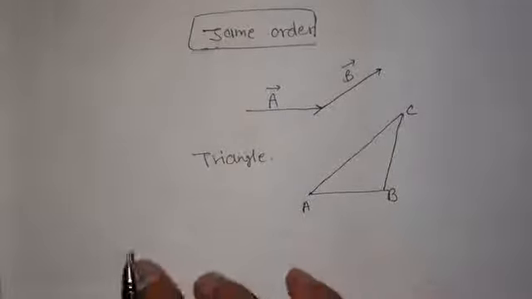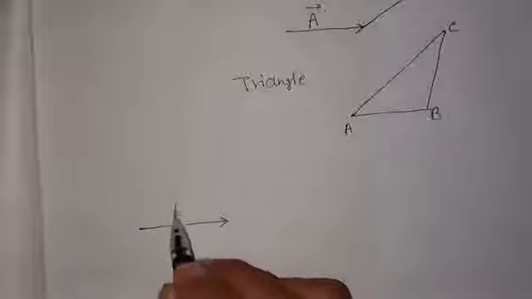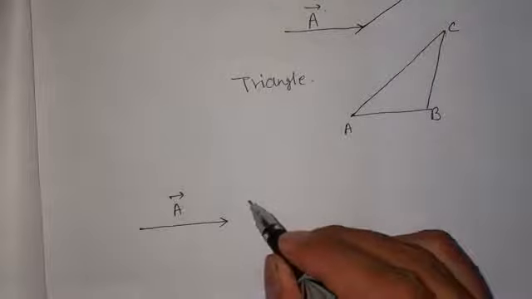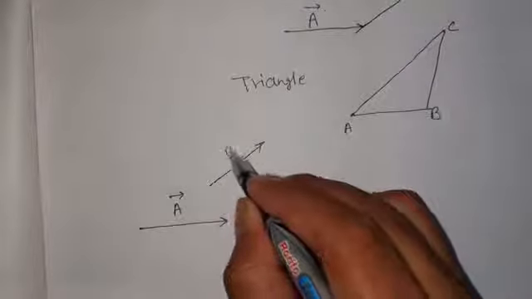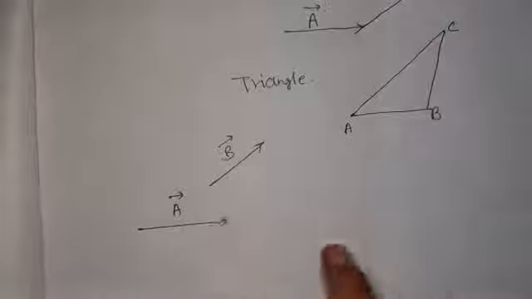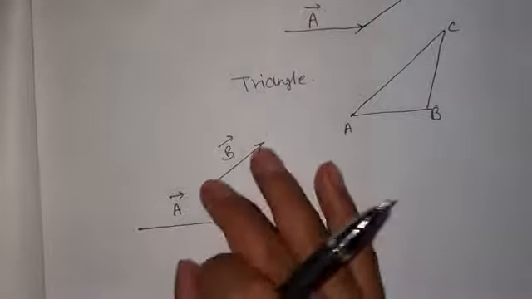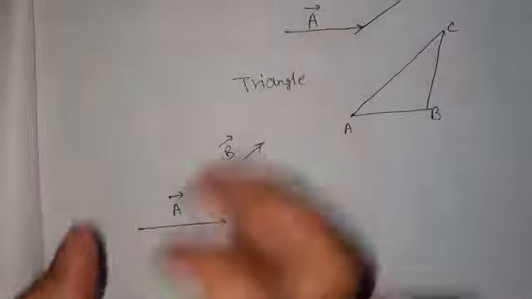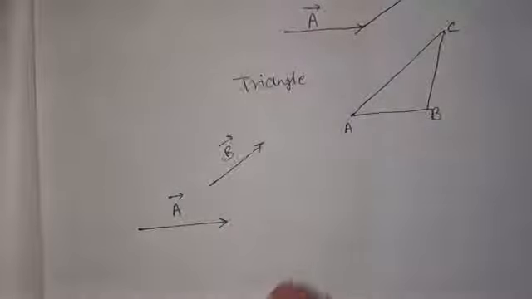Suppose I have two vectors, one is vector a and the second is vector b. I want to add them, but they do not have the same direction, because a is toward the right and b is a little bit upward. So these are in two different directions.